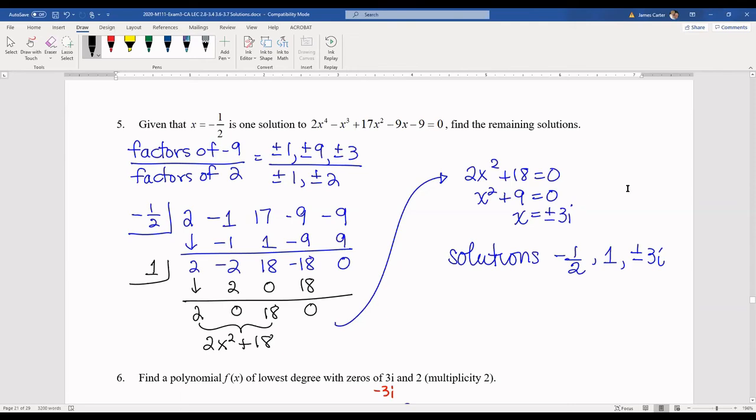Okay. In this case, they had x squared equals negative 9.